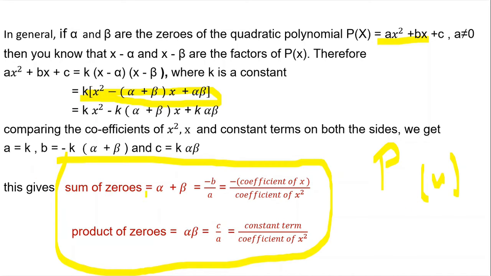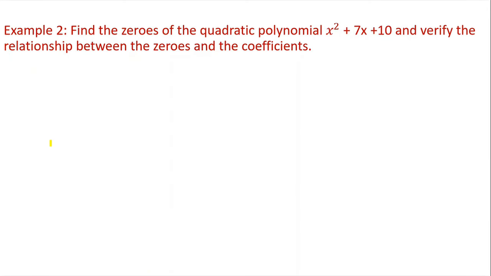In this type, we compare the given polynomial with the standard form ax squared plus bx plus c and find the values of a, b and c. After finding them, the sum of its zeros, alpha plus beta, is equal to minus b by a, and the product of its zeros, alpha beta, is equal to c by a.